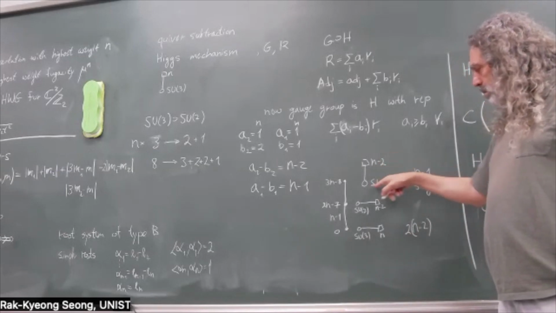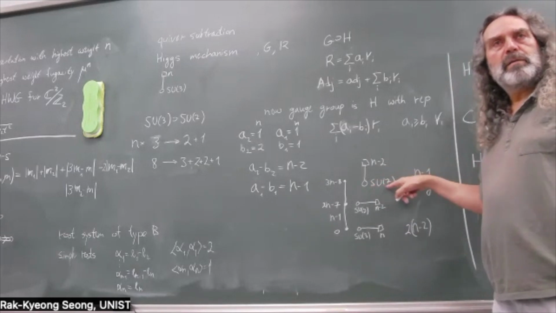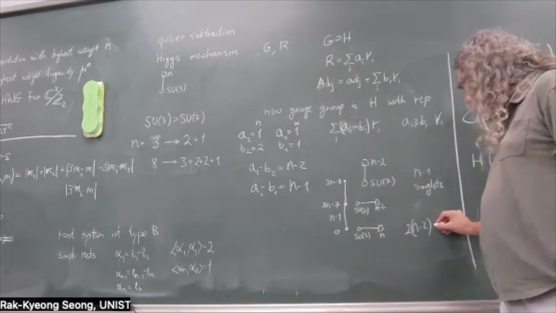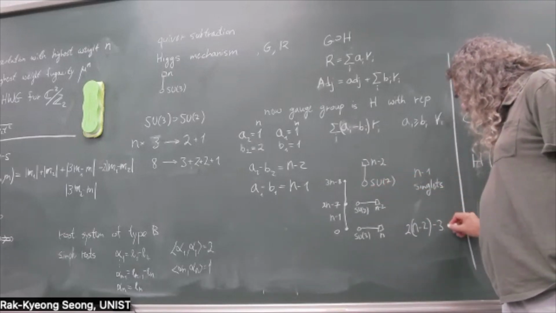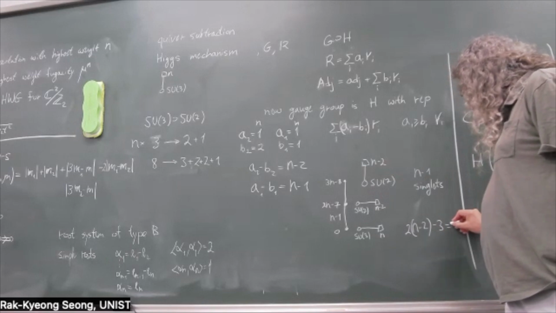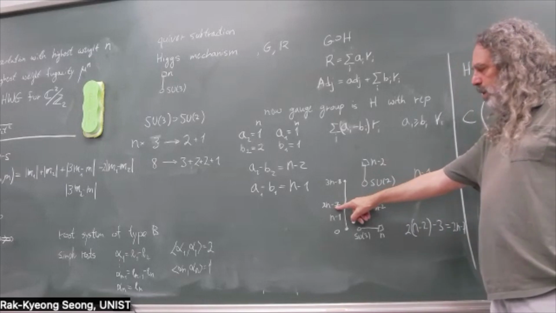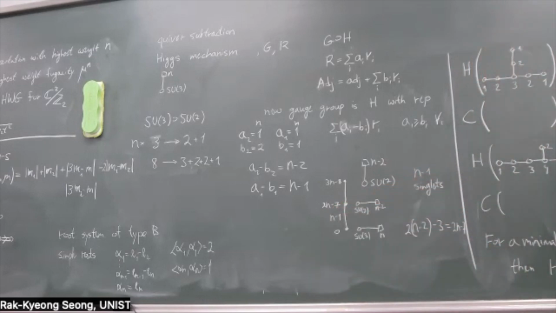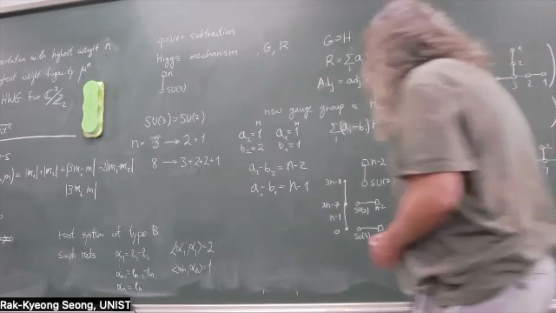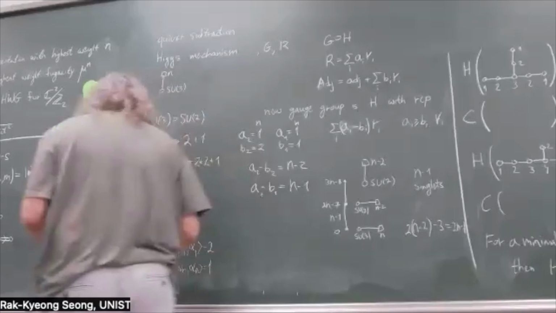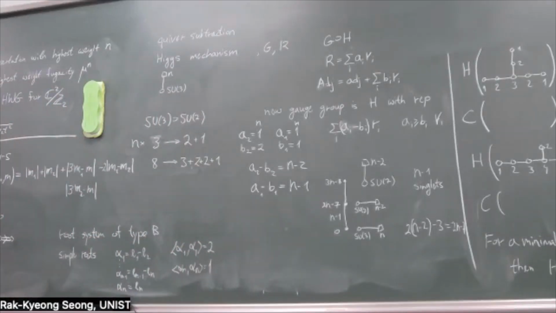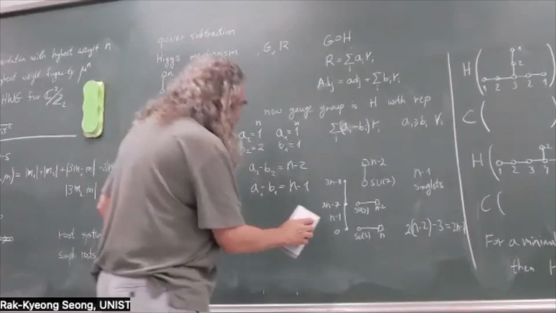But they eat 3 vector multiplets. So I need to subtract 3. So what do I get? 2n minus... And indeed, this is the number that we find. Sorry, I wrote it wrong. Let me erase.